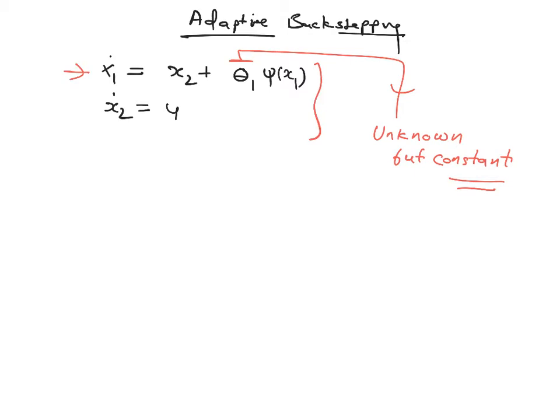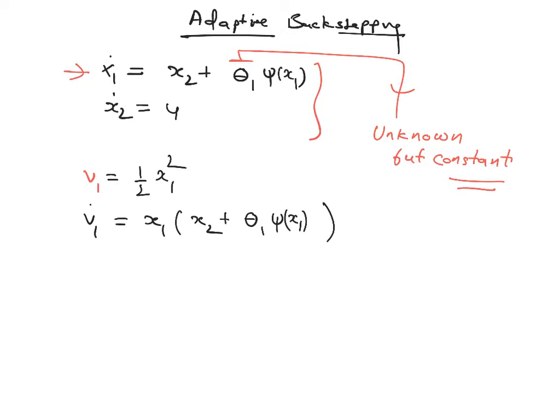So let's say V1 equals half x1 squared, the first Lyapunov candidate function. V1 dot equals x1 dot x1, which is x1 times x2 plus theta 1 phi of x1.